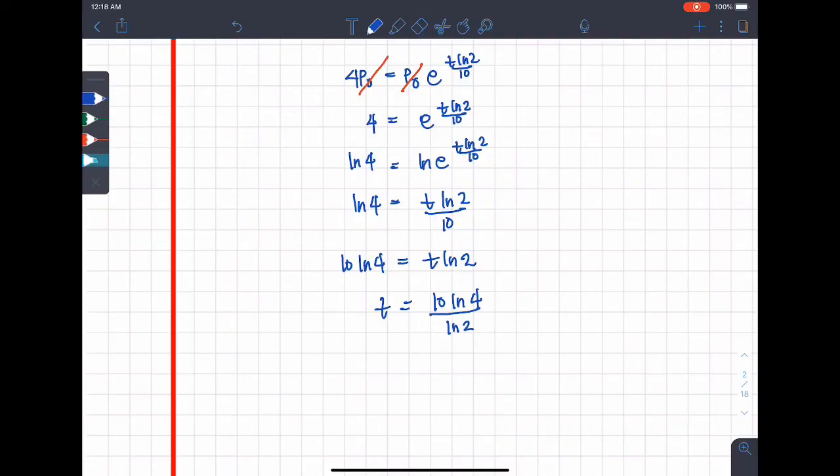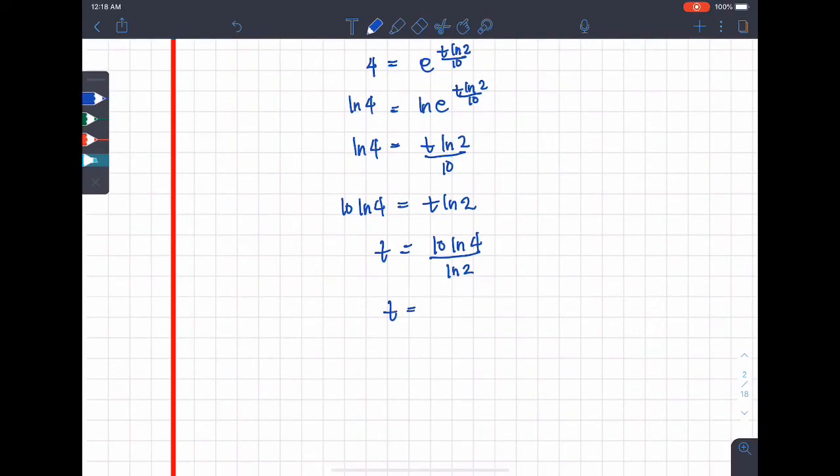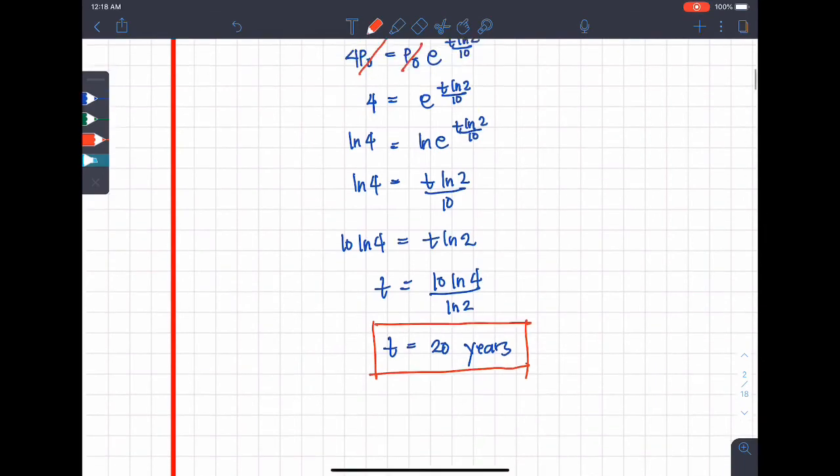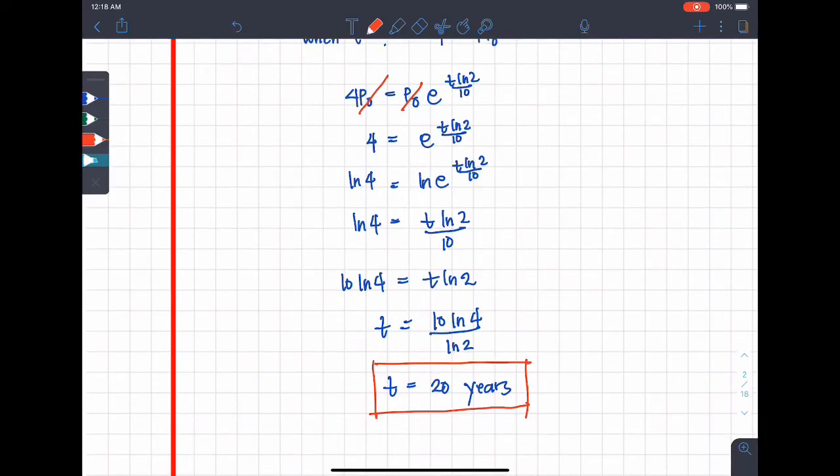And that will give me an answer equivalent to 20 years. So in short, it would take 20 years for the population to quadruple.